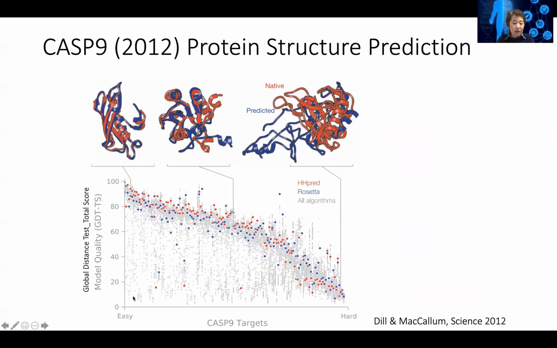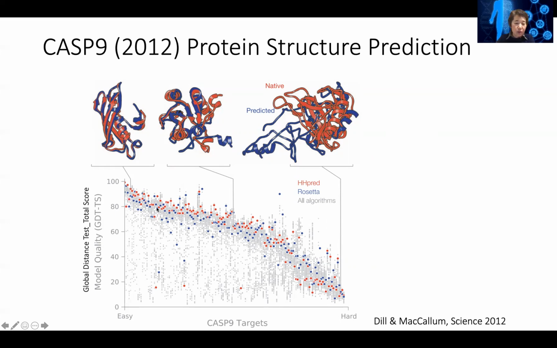And so you can see here that year, the columns here include all the structures that were solved, and they can see which algorithm predicted well or badly. And so each dot here is one prediction, and the targets, or the proteins that are easy to predict, are on the left, whereas those that are really hard to predict are on the right. And so for each target, you can see there are multiple predictions.